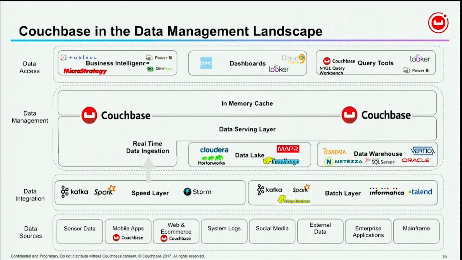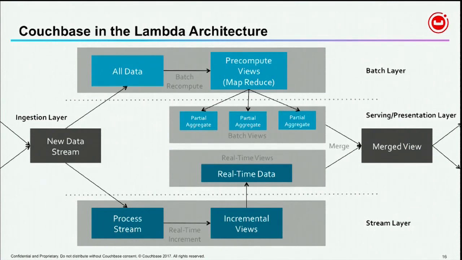Another way of looking at that is in a Lambda architecture layout where you have data coming in from a variety of sources, whether it's your application or services that you're pulling in from. And you have it processing through a batch layer across the top and a real-time streaming layer across the bottom, and then eventually being served either back to your application or onto another application that is consuming it.